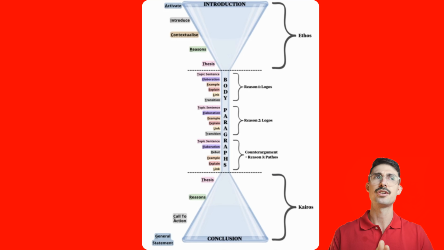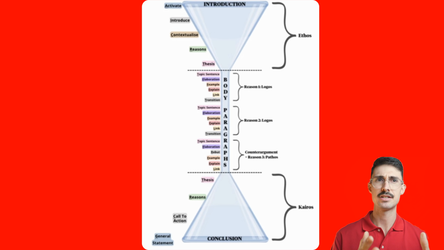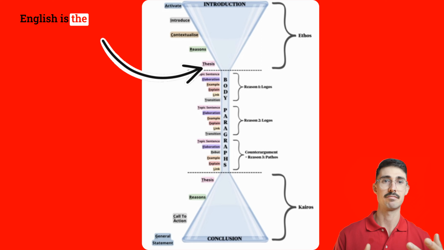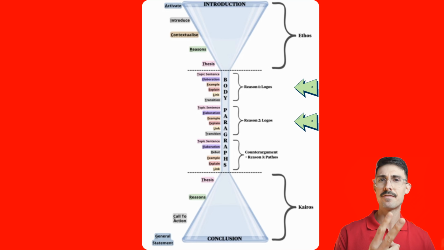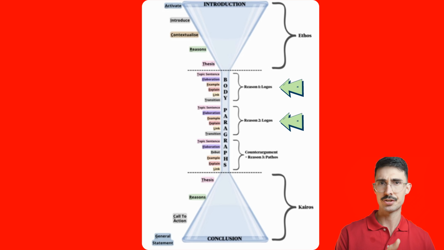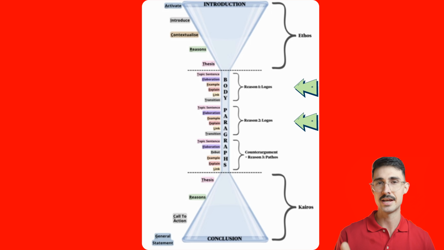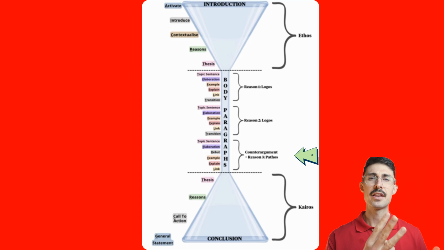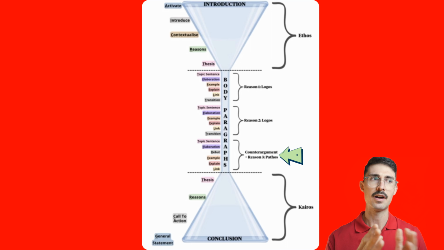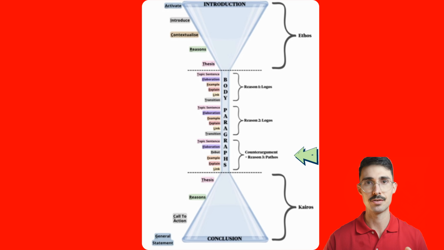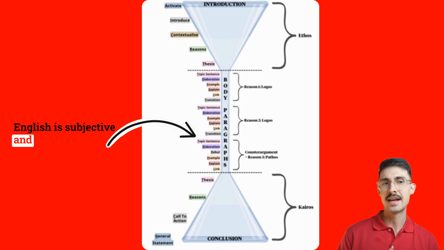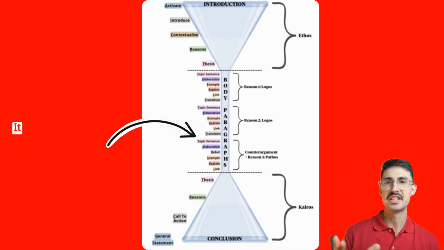For example, assume I write a persuasive speech that argues that English is the best subject ever. I present my first 2 reasons in my first 2 body paragraphs, 1 in each. Then, at the beginning of my third and final body paragraph, I acknowledge the following counterargument: English is subjective and there's no right way to do it, it sucks.